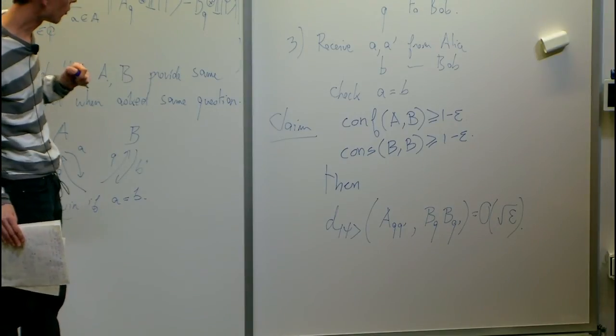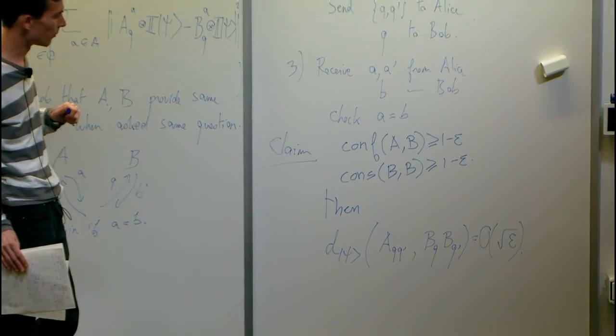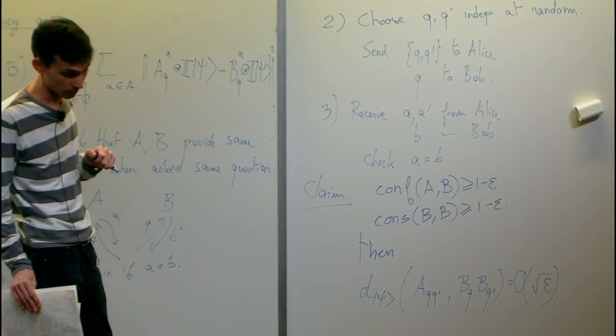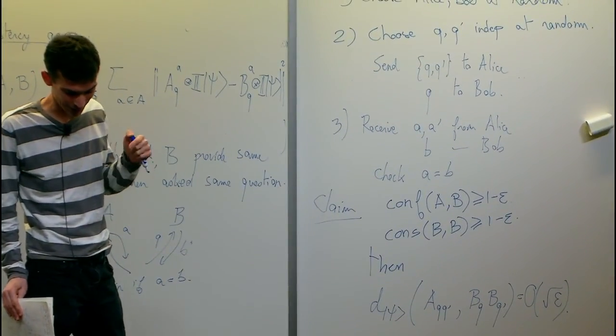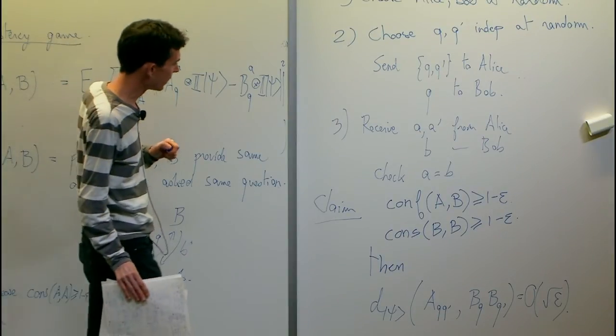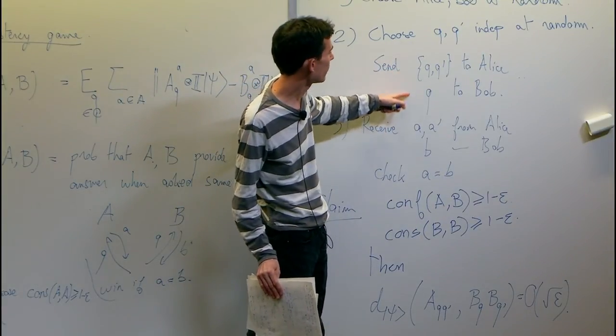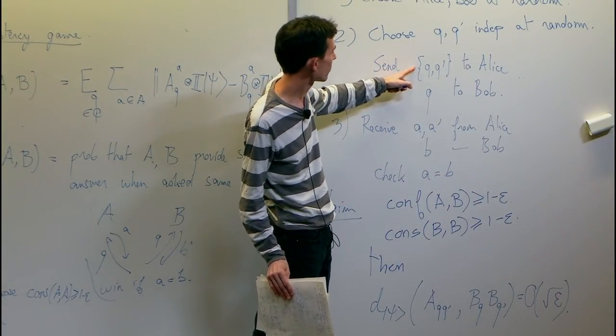For those of you who know the proof of this, the intuition for why this would hold is kind of related to the, how's it called? Almost gentle measurement lemma. The idea is that if you win in that game, Alice makes a measurement.